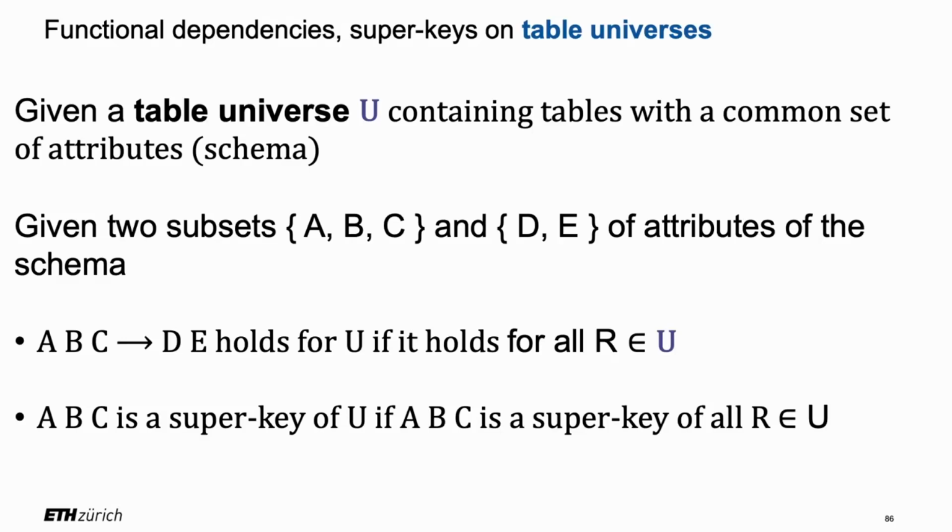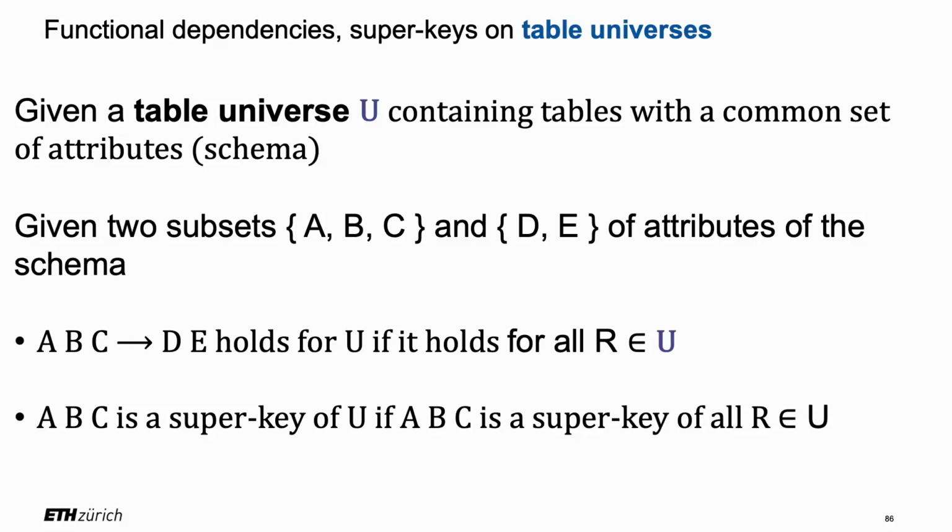So in any table in that universe, DE would be a function of ABC. I could say that ABC is a super key of my table universe if it's a super key of all the tables in the universe. It means that for any table, ABC determines everything. If you know the value of A, B, and C, then you know the tuple. Who is with me? All right.